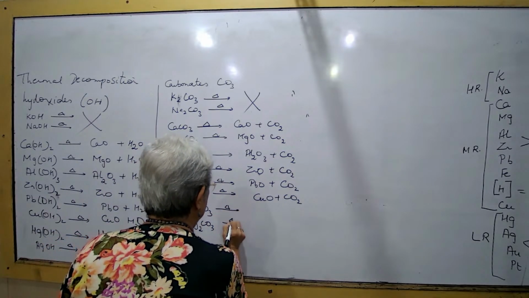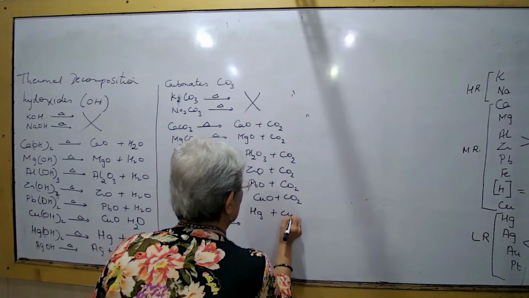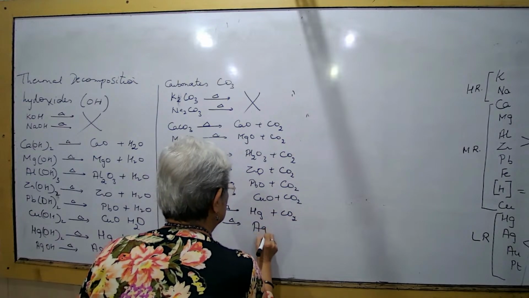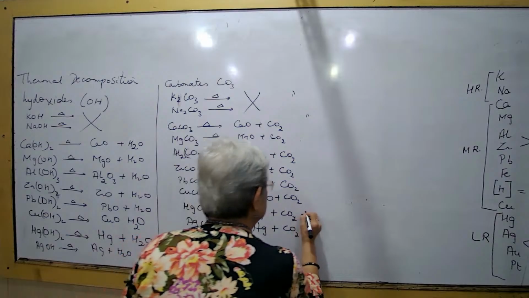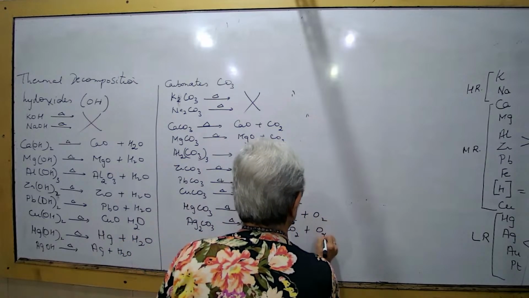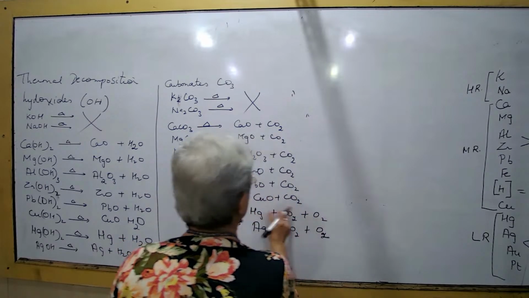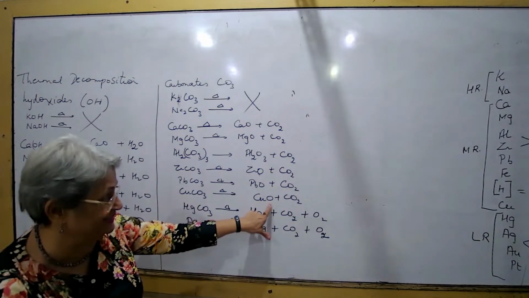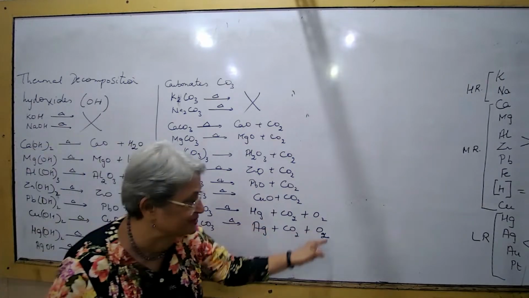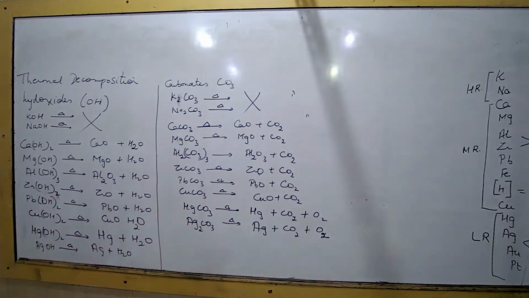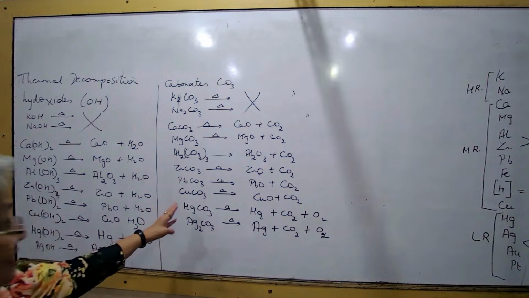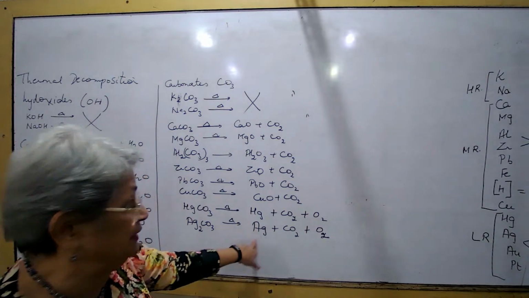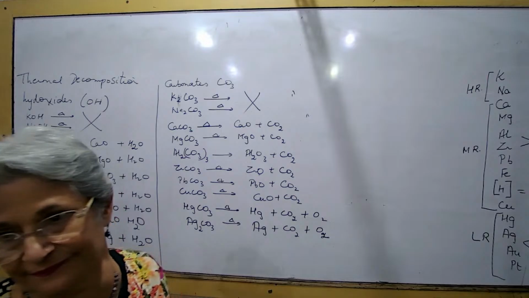You're going to get the metal plus carbon dioxide plus oxygen. The oxygen that was here comes out in the form of a gas. Remember this. It will come to you as a fill in the blanks. Is this clear? So for lower reactive metals, you are going to get the metal, carbon dioxide, and oxygen.